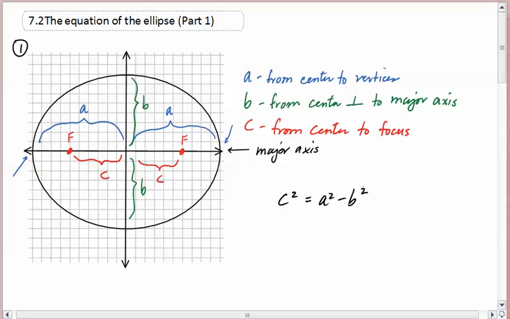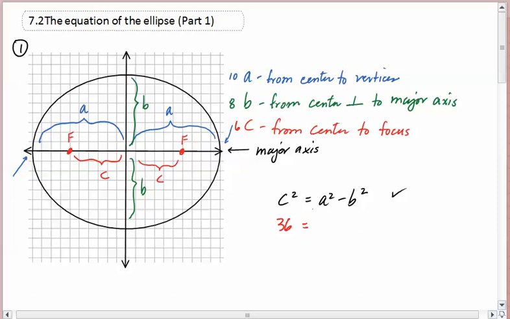Now in this particular illustration, I'm just going to show you the distances, and let's see how these distances reinforce this relationship. So in our picture, I see that my A is 10. I see that my B is 8. If you count them, you'll see that. And my C is 6. So we're going to plug those in.